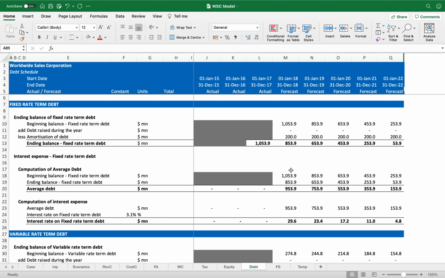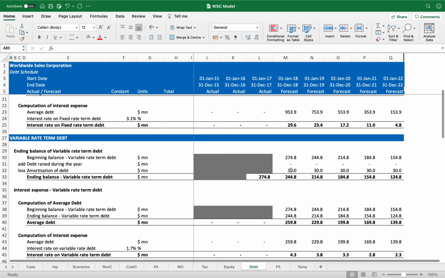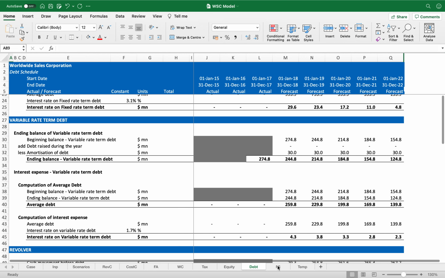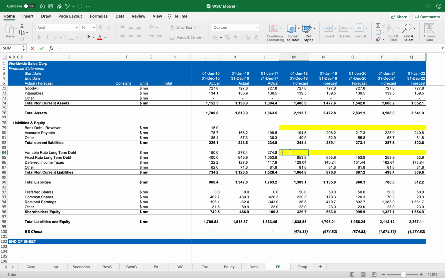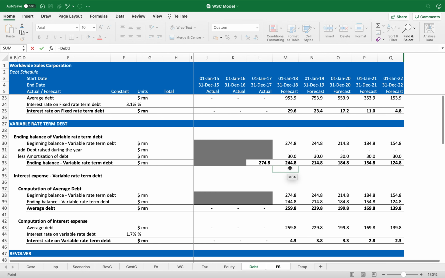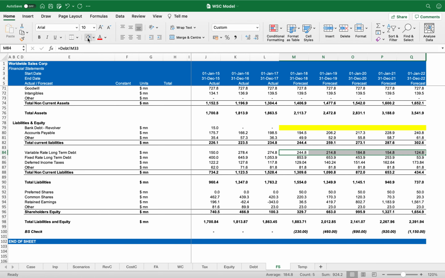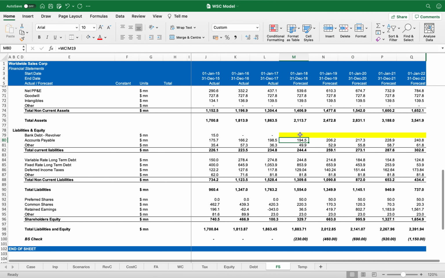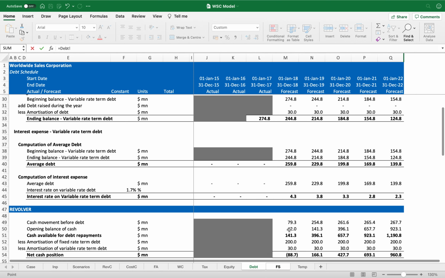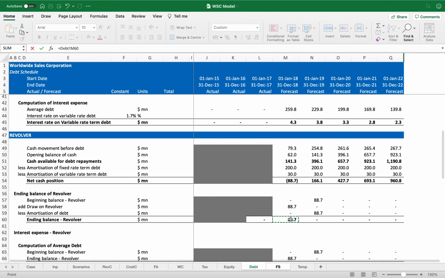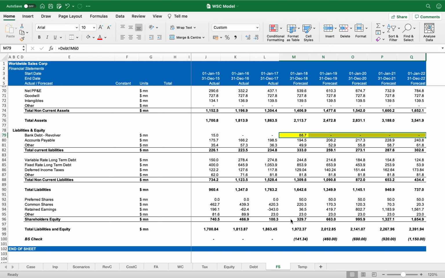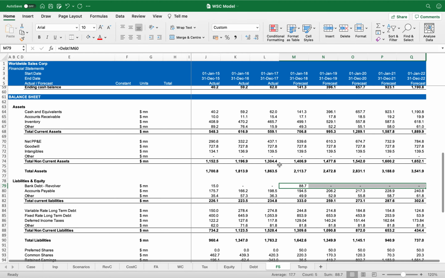Now, ending balance of variable rate term debt, let's link it now. Again, removing my next highlighted row. Revolver, I have ending balances of revolver also. So let me link it to the ending balance of revolver. Fair enough. So that completes my balance sheet.